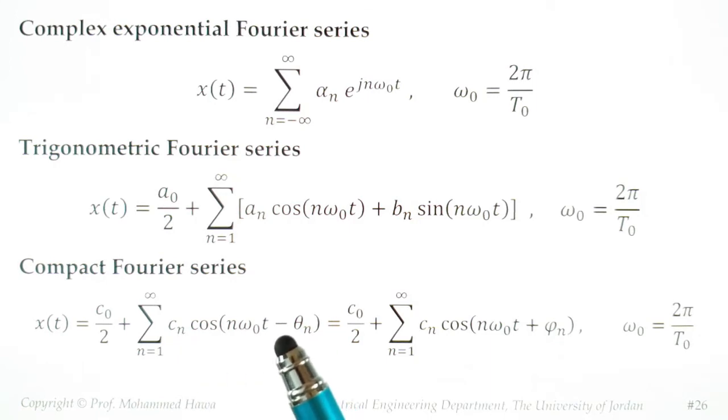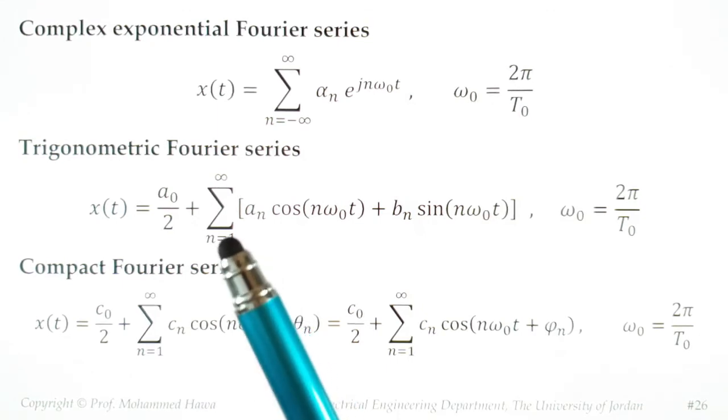Not only that, some textbooks, instead of using minus theta n, will use a plus a certain phase shift, let's say phi n. So please be careful which convention the textbook is using. If they are using plus phi n, the values they're getting for phi n will be different than mine with a negative sign because I'm using minus theta n.